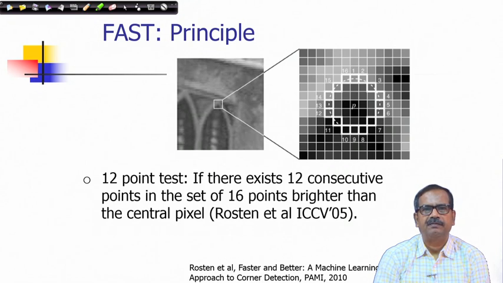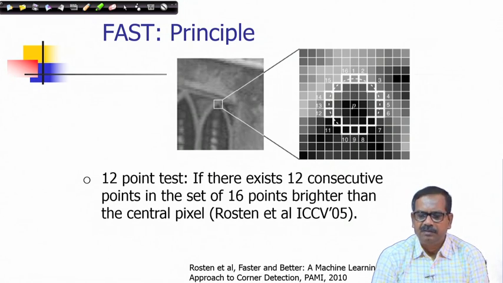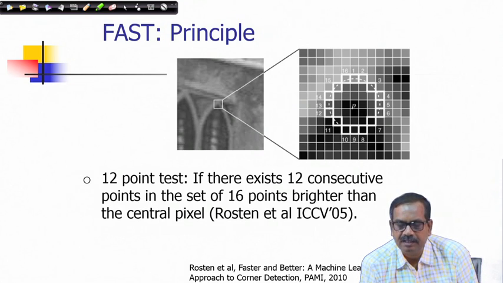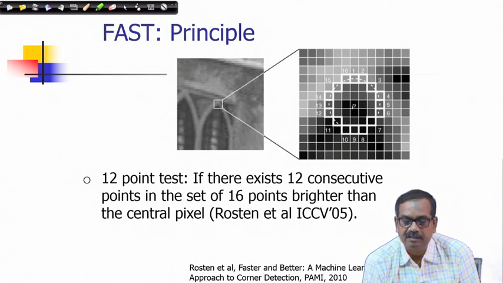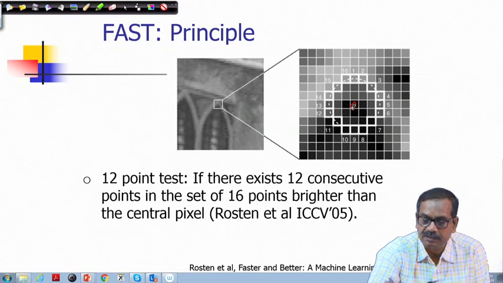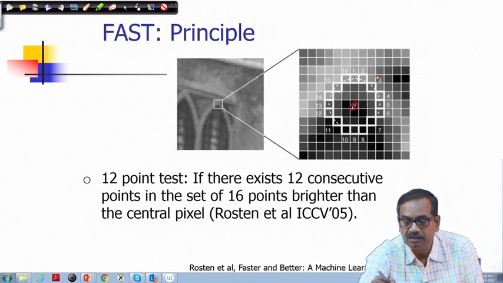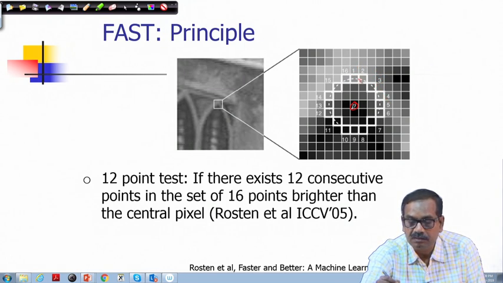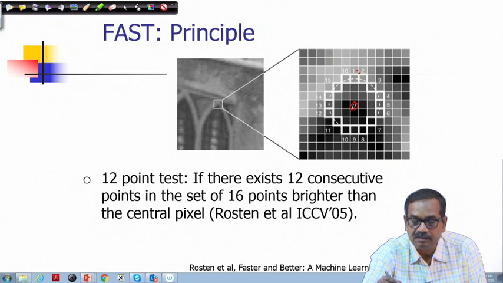The size of the mask in this case is about 7 cross 7, and there are locations centering this particular pixel. This is the central pixel, and this is location 1, 2, 3, like this.